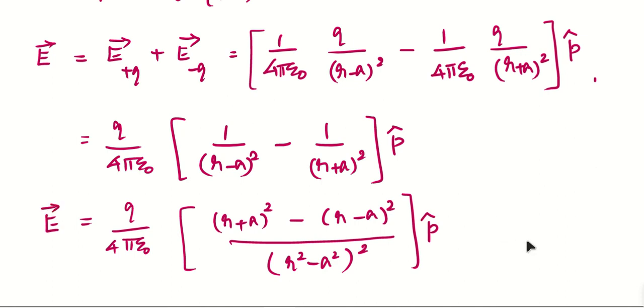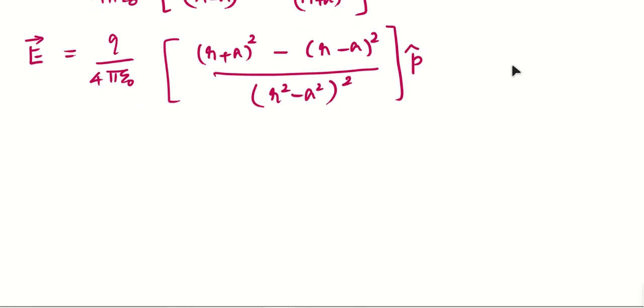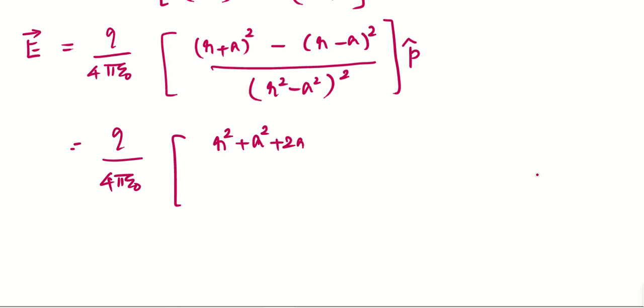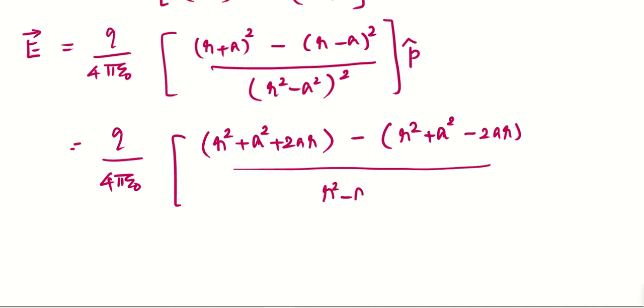Expand the terms in the bracket and simplify. Q divided by 4 pi epsilon naught, r squared plus a squared plus 2ar, and then minus r squared plus a squared minus 2ar, divided by r squared minus a squared whole squared. And we have the p unit vector here.